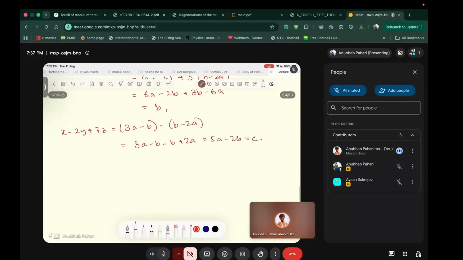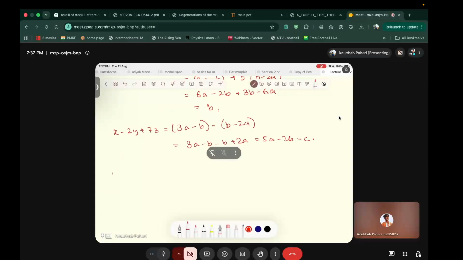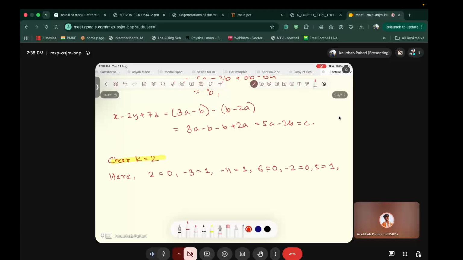Now we'll come to characteristic K equals 2. In this case, you know that 2 is considered as 0, minus 3 as 1, minus 11 as 1. So this is a binary number system, minus 2 as 0, where all even numbers we will consider as 0 and all the odd numbers will be considered as 1.